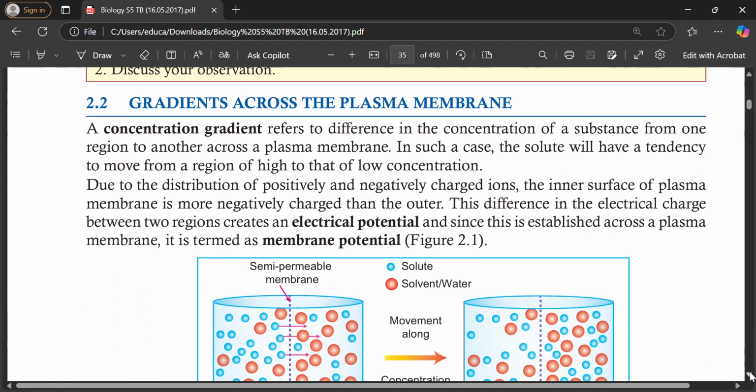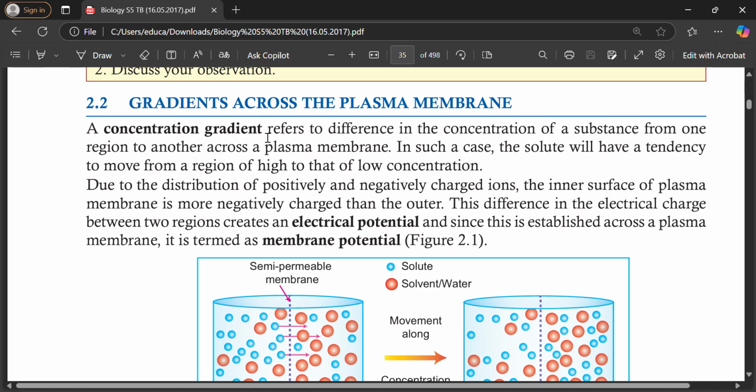Now, gradients across the plasma membrane. Let's see what we call a concentration gradient. A concentration gradient refers to the difference in the concentration of a substance from one region to another across a plasma membrane. In such a case, the solute will have a tendency to move from a region of high to a region of low concentration.